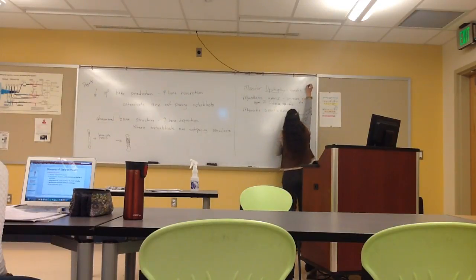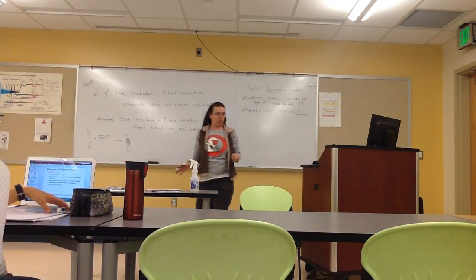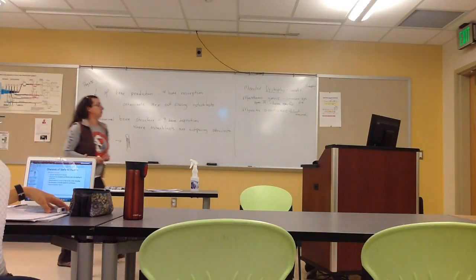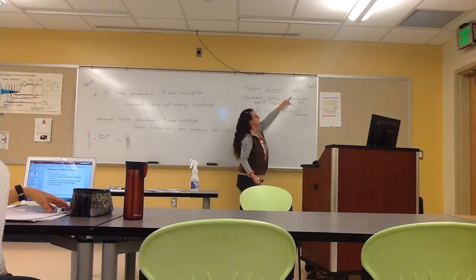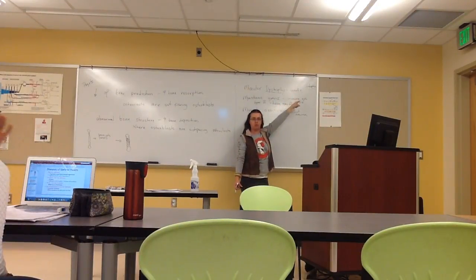Are there like 12 types of muscular dystrophy? Yes, there are different types. I'm just going to talk about it in general right now, okay? Because the big thing and why it's called this is because these people can't make this protein.